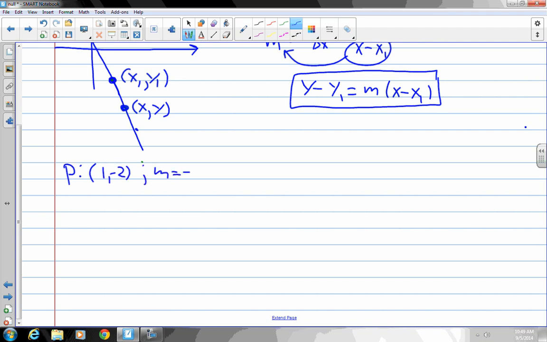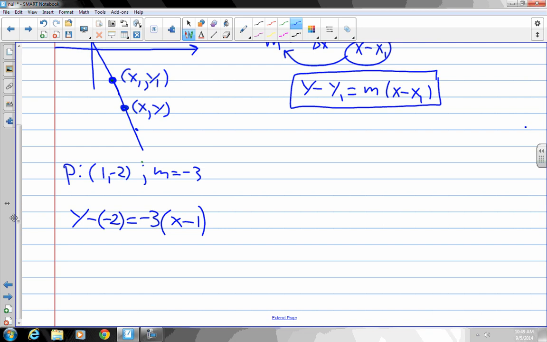And the slope is -3. If I plug these values into that equation, I get y minus the y value of the point, so y minus -2, equals the slope, -3, times x minus the x value of the point, which is 1.